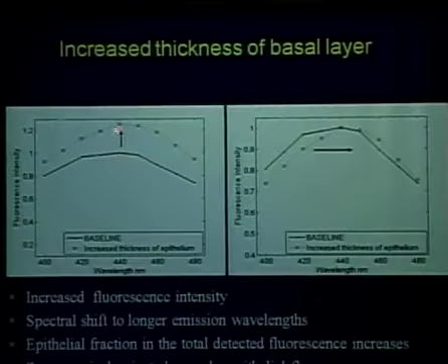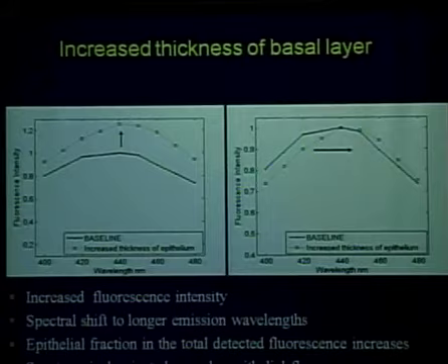Well, in fact, what I predict is that the fluorescence intensity should go up, and that it should shift a little bit to longer emission wavelengths. Well, it's not what I measure. I do measure the shift, but you'll recall all of our data showed a decrease in the fluorescence intensity, not an increase.